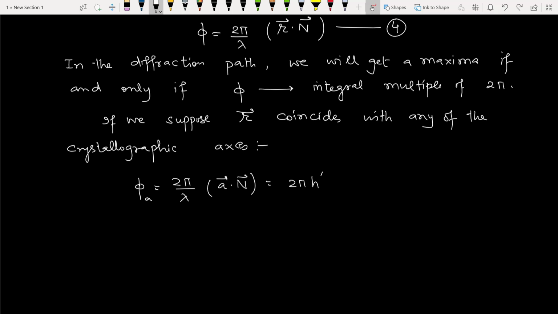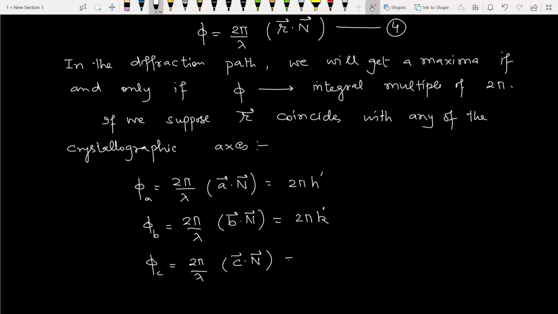Here we write h dash. Similarly, if it coincides with the y-axis, then we replace it with the b vector. It will be 2 pi into k dash. And if it coincides with the z-axis, or third crystallographic axis, then it will be 2 pi into l dash.